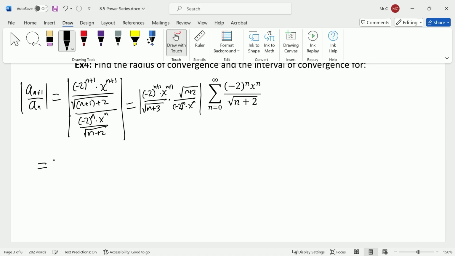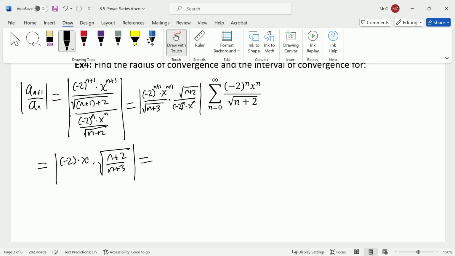And now we simplify. Negative 2 to the n plus 1 over negative 2 to the n is just negative 2. X to the n plus 1 over x to the n is just x. And since I've got the square root on top and bottom here, I could combine those square roots into 1. It's n plus 2 over n plus 3.